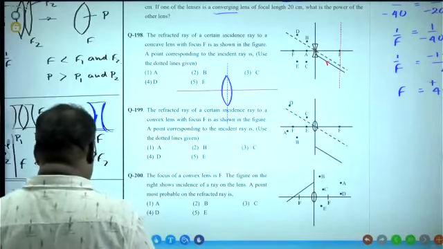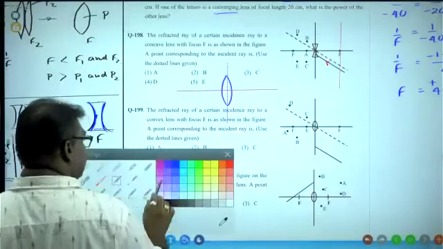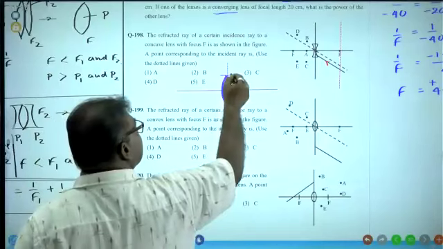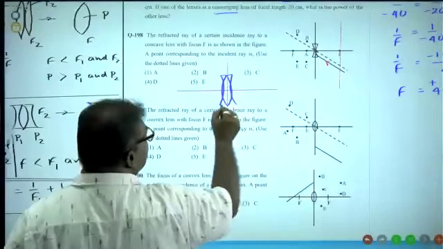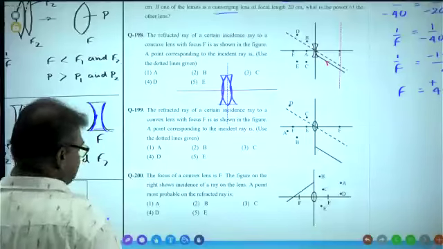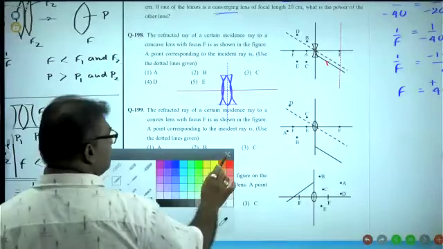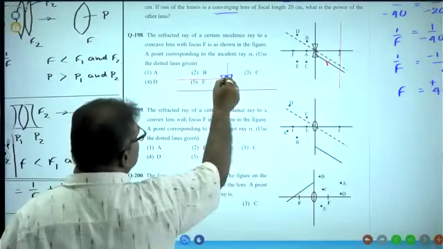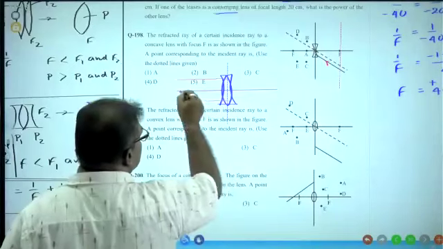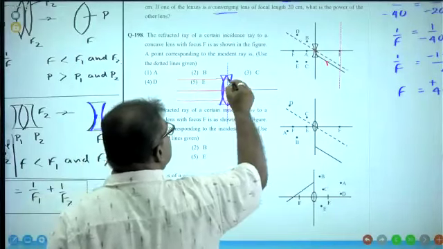Right. If it is a diverging lens right here, according to the question, the light rays parallel to the principal axis are diverging, no?